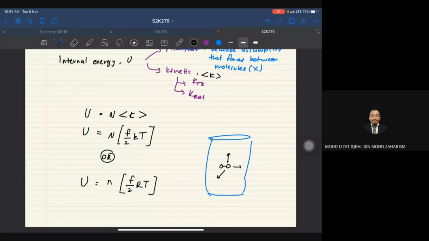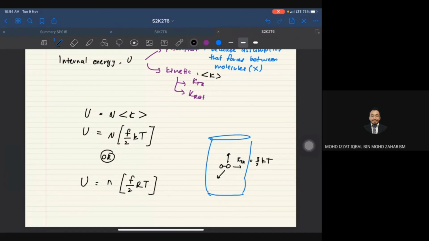Syazrina? Yang 3/2 KT tu ke, sir? Yes, yes. So, kalau kita nak cari linear, kita cari KTR, which is equals to 3/2 KT. Very good. And that one is for linear punya pergerakan.